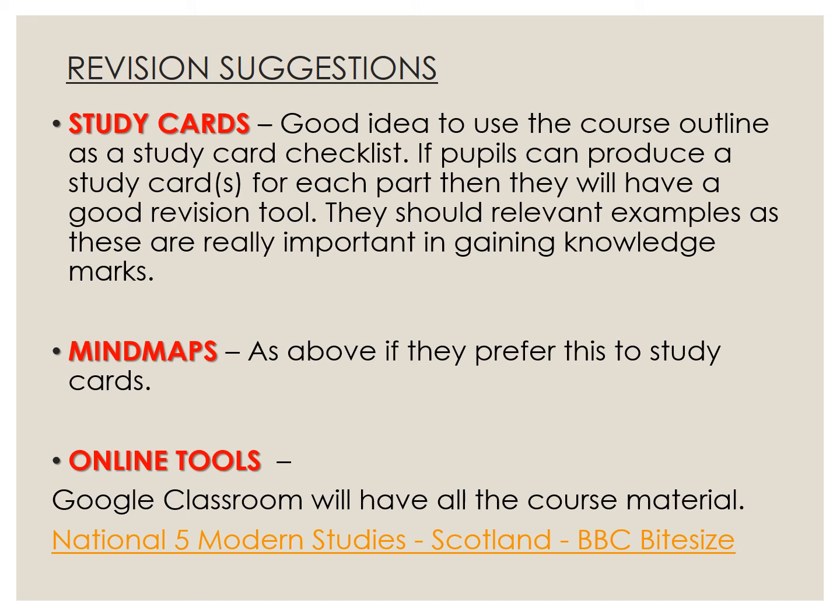Those course outlines are really good as study card checklists. If pupils can produce a study card or a mind map for each part, then they'll have something they can revise as they move through the course. It's also a good way for them to record the relevant examples, because this is what helps them gain the full range of knowledge marks when their answers are marked by the SQA.